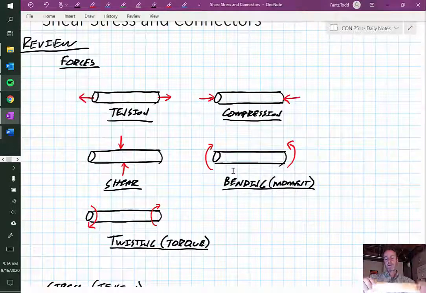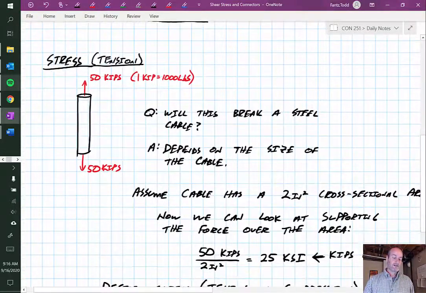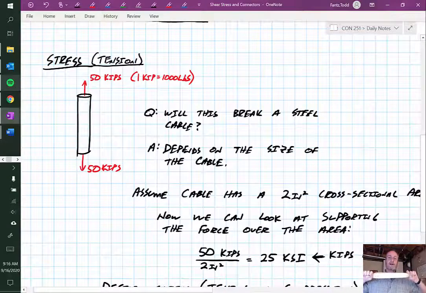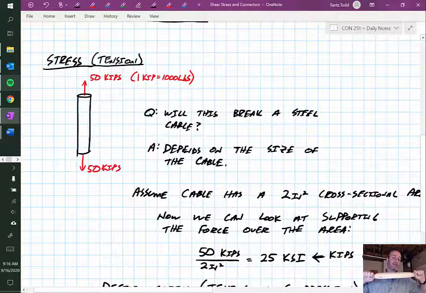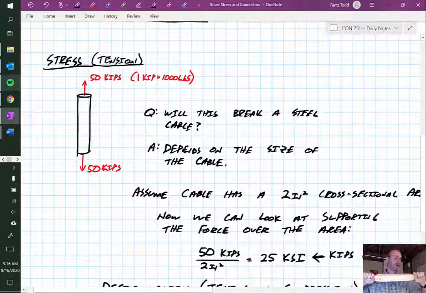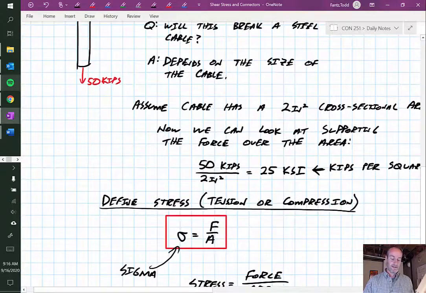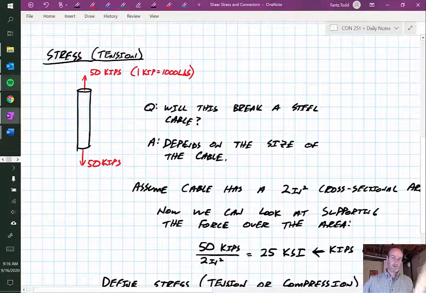like a torque. And then from there we said, with this idea of stress, what we looked at was a tensile stress in tension, because it had to do with our lab with the tensile testing machine, right? We said that the idea of stress is a force divided by the cross-sectional area, almost like it's evenly distributed across the cross-section.